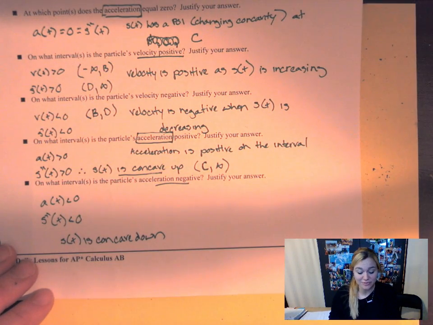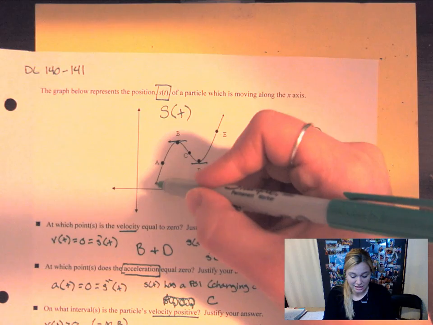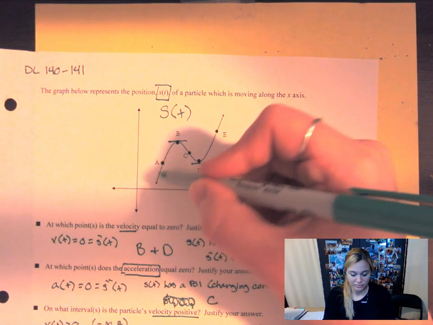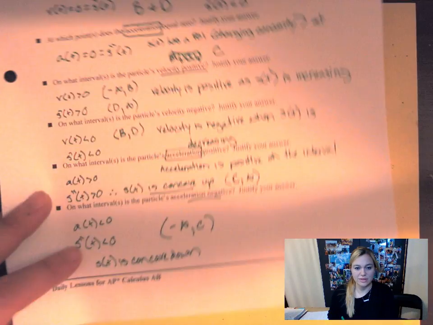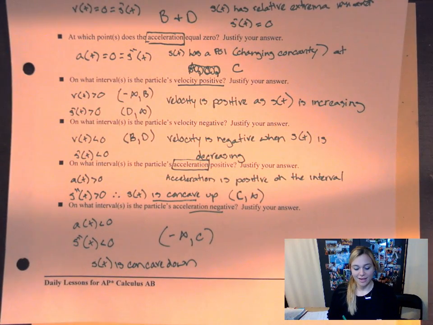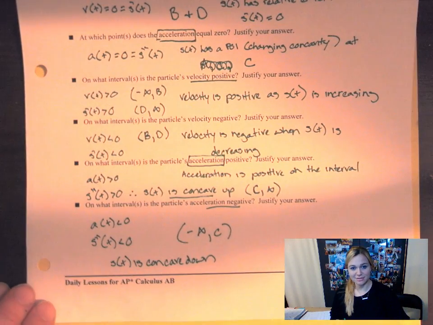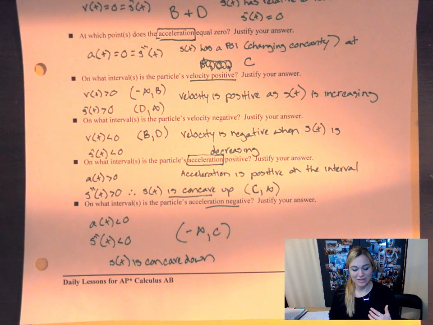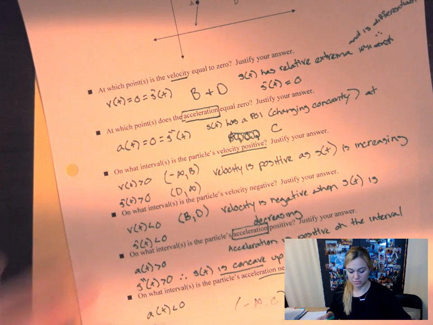So that's my justifying. s of t is concave down, and again, this would depend on whether you used A or not, but I didn't include that as a point of inflection, so I'm saying negative infinity to C on that interval. Okay, check your answers with mine. If there's anything that you need to go back to get the explanation. If not, let's move it right along.